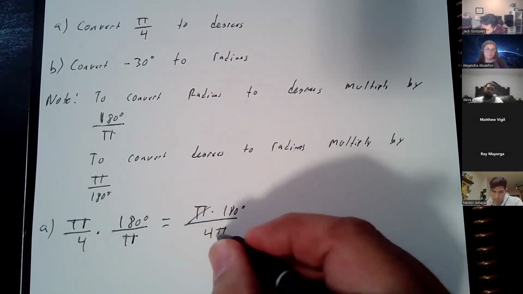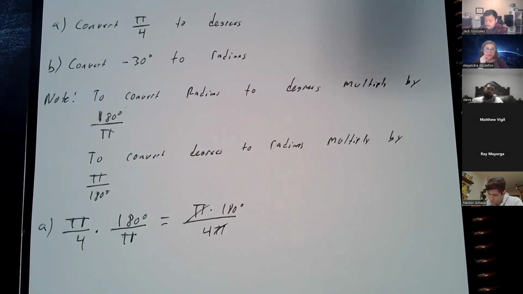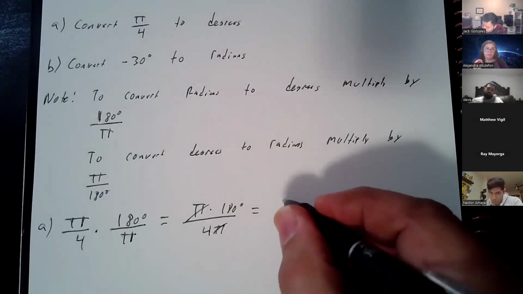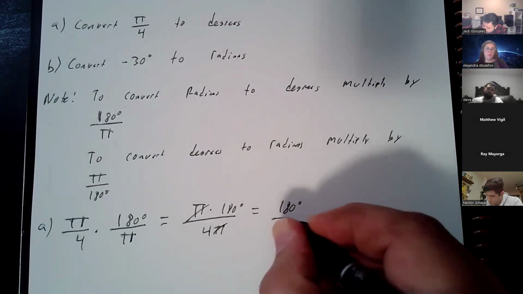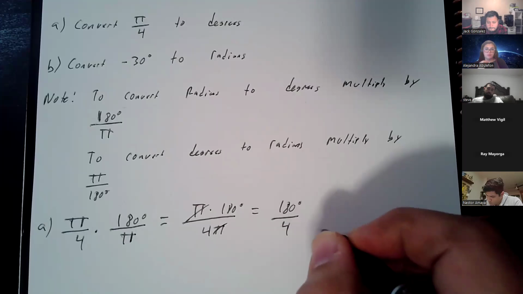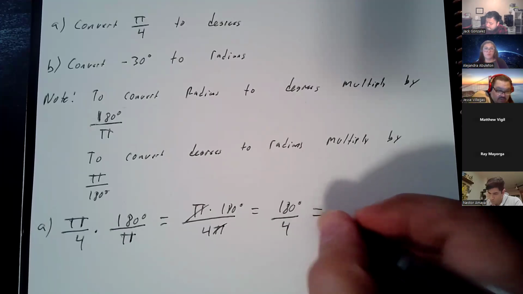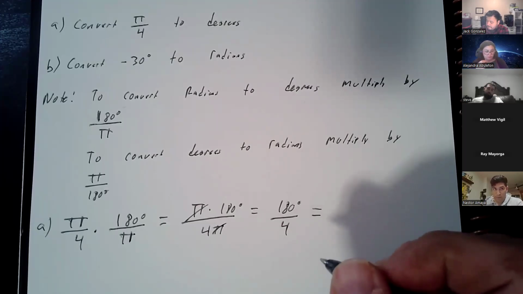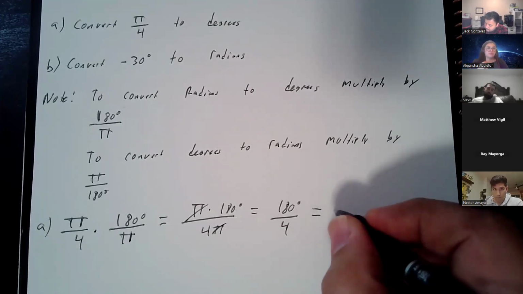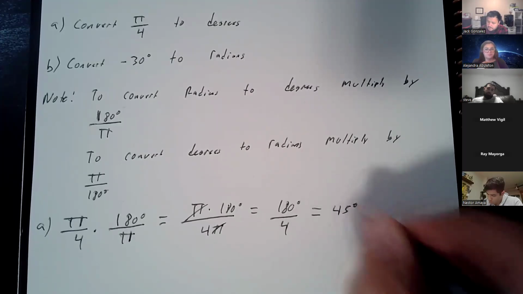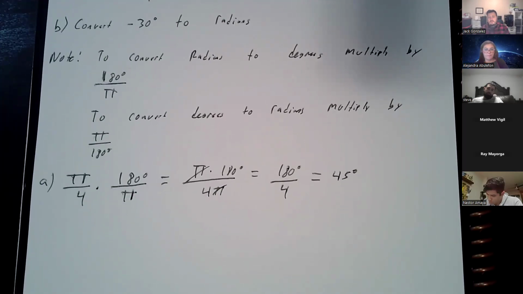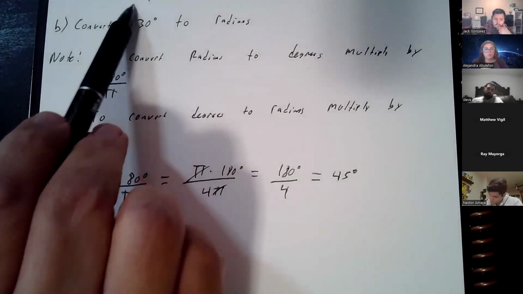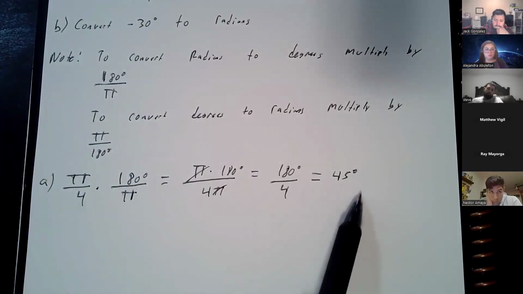So the pi's will cancel. What's 180 divided by 4? 45. Yeah, sounds right to me. So now we went from pi over 4 to 45 degrees.